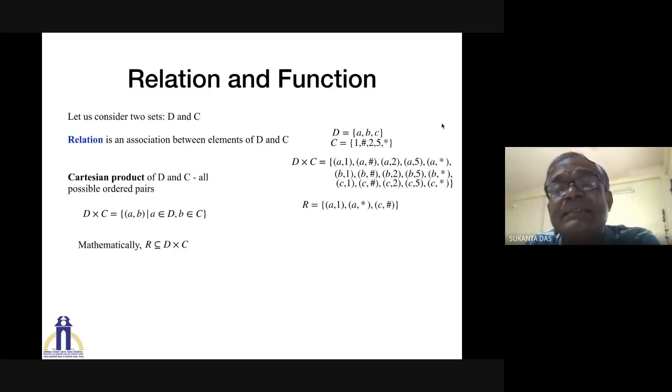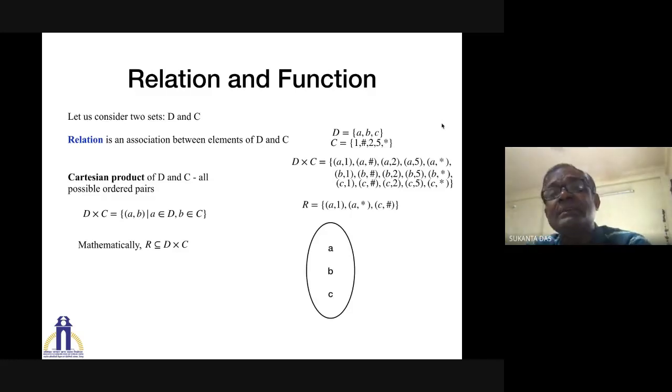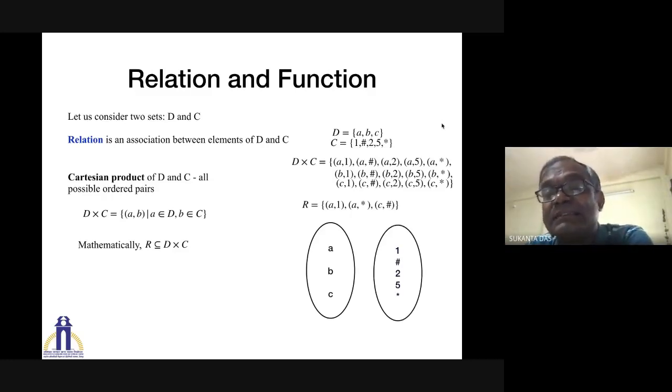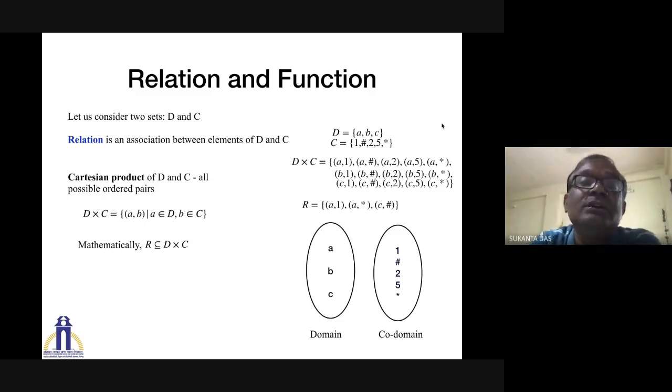Let us see this thing pictorially. Suppose this is the set D. Normally we represent this relation, function, etc. using this kind of diagram. Suppose this is our D and this is our C. And so when we discuss relation, function, etc., we give names to these two sets.